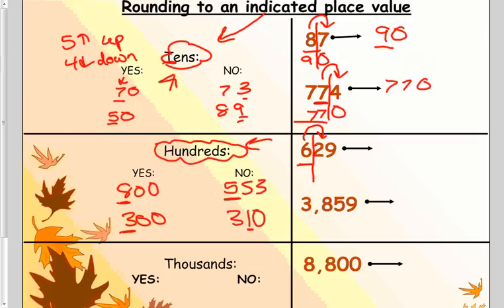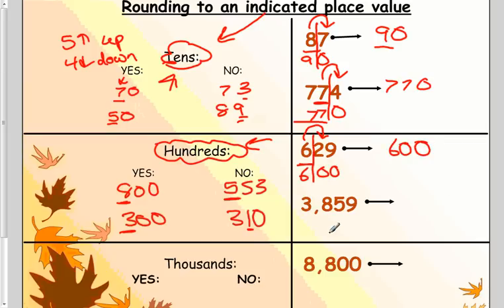Because we have a 2 next door, that is below 5. So 62 is going to go down to 60. We're going to round that 100 down, or I should say 629 is going to go down to 600. And then remember, after the fence, everything just becomes a 0. So 629 rounded to the hundreds place becomes 600.